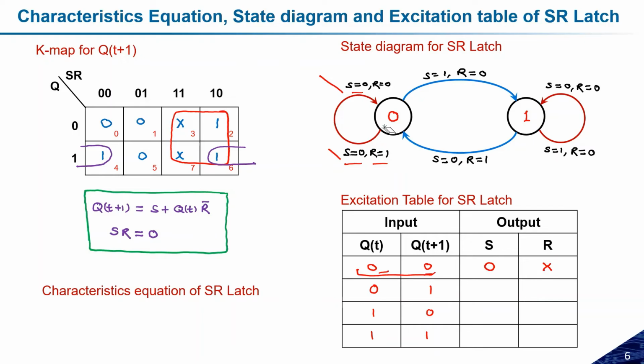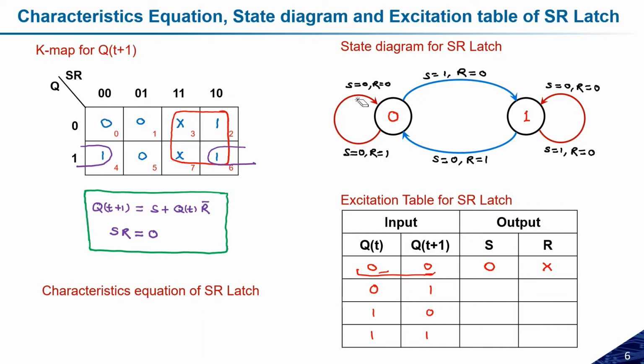This loop indicates that the past and present outputs are both the same, Qt and Qt plus 1. For that we have two conditions: the first is S equal to 0, R equal to 0, and the second is S equal to 0 and R equal to 1.